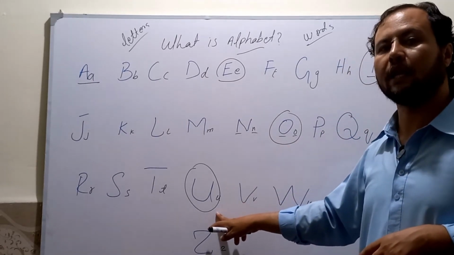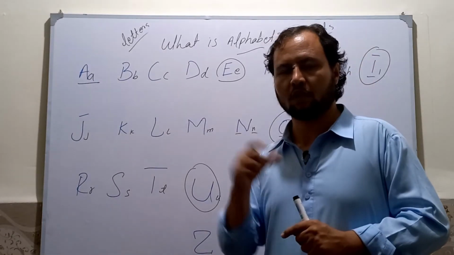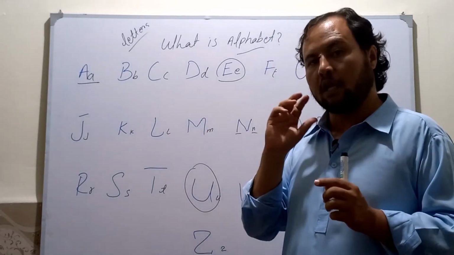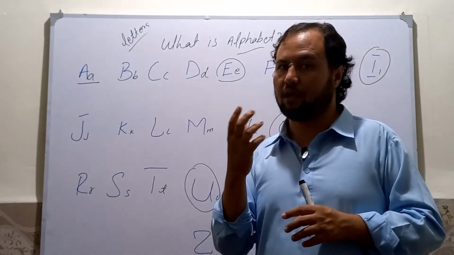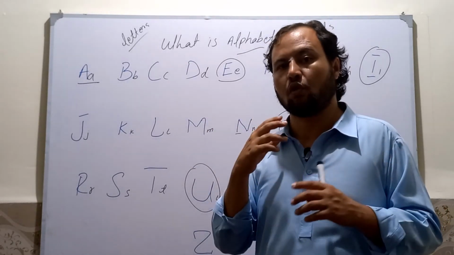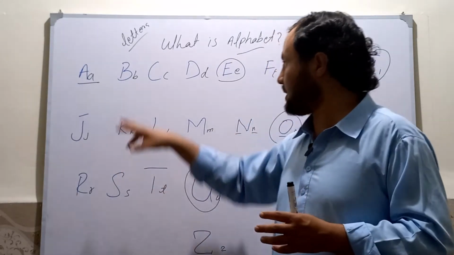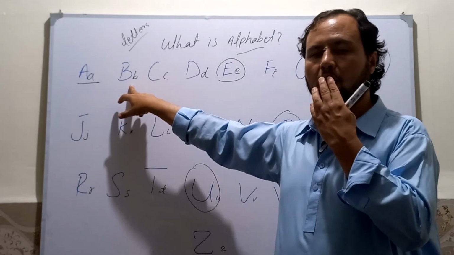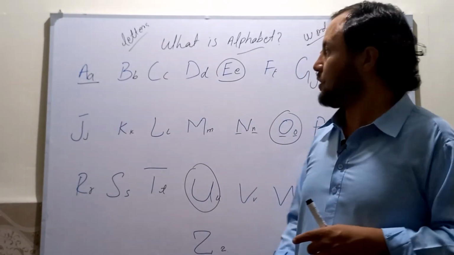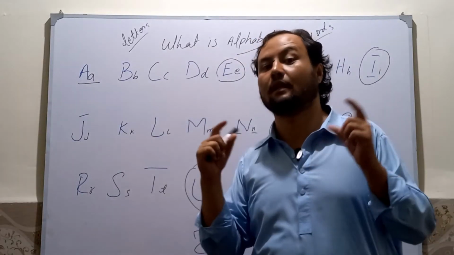U, there is no stop. So that is the only difference between vowel and consonant. With consonants, when we pronounce them, we stop the air by our lips or by our tongue, as with B, which we stop with our lips. With vowels, we do not stop the sound. There are 26 letters in all.